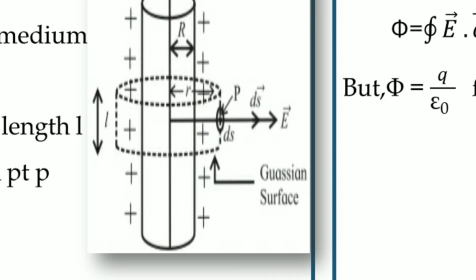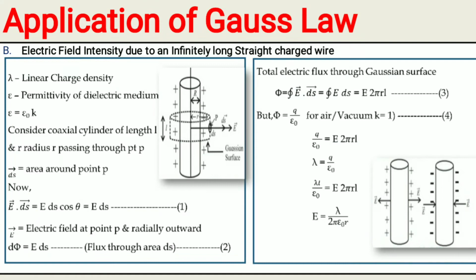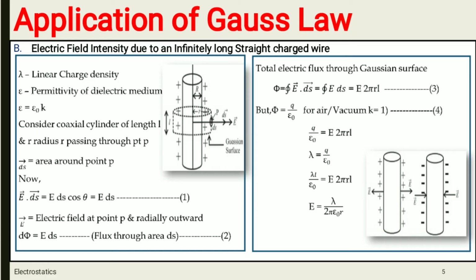E is the electric field at area dS, so here dS is the area around point P. Now E dot dS: as you have seen in vectors, vector A dot vector B is equal to AB cos theta. Just like this, vector E dot vector dS is equal to E dS cos theta.